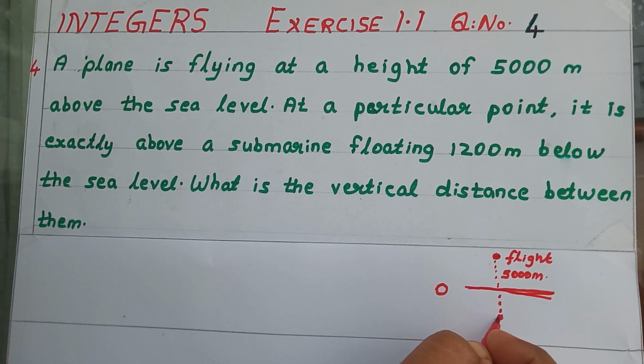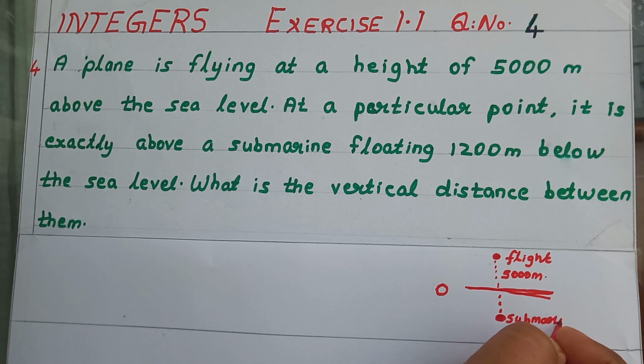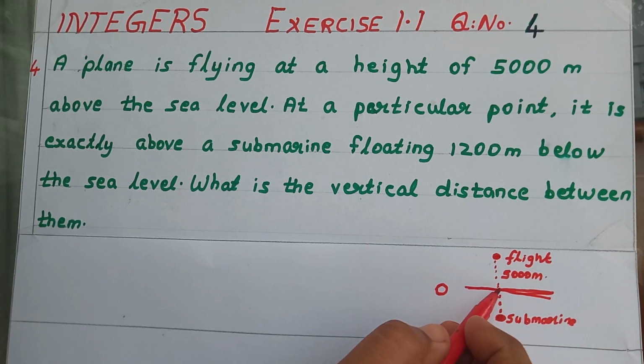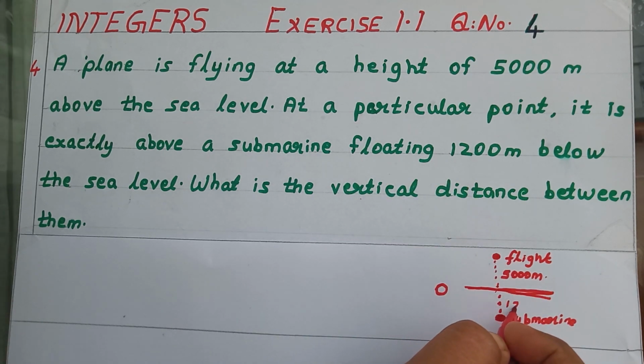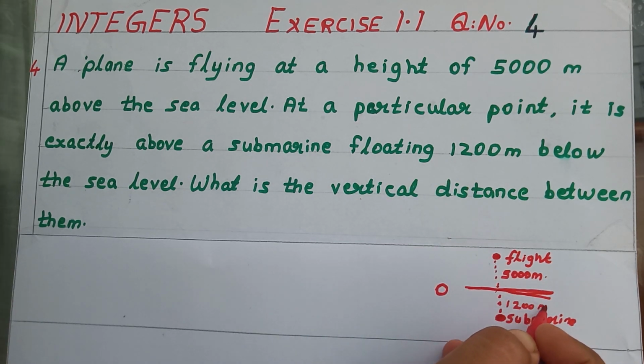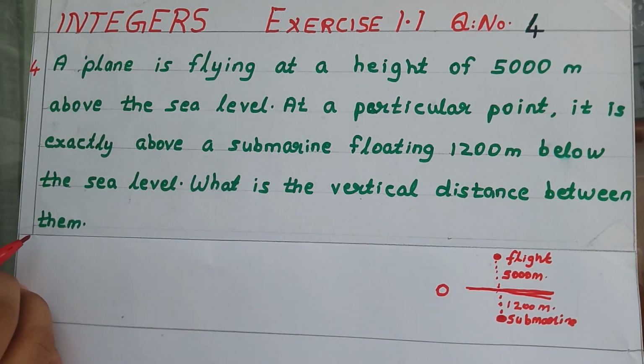So here is our submarine and the distance from the sea level is 1200 meter. What is the vertical distance between them?